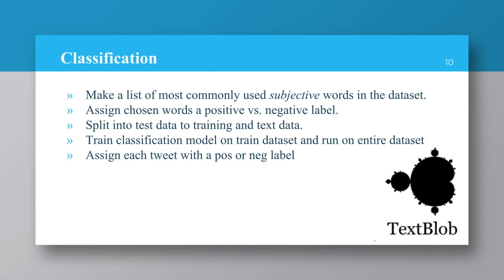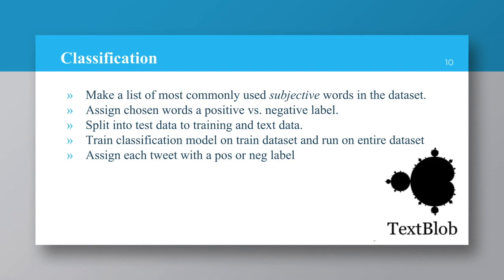The library can be used for things like term frequency and classification of words into subjective or objective. Firstly, we will use TextBlob to identify the subjective words and identify which of these words are positive and negative based on the polarity prediction of TextBlob.